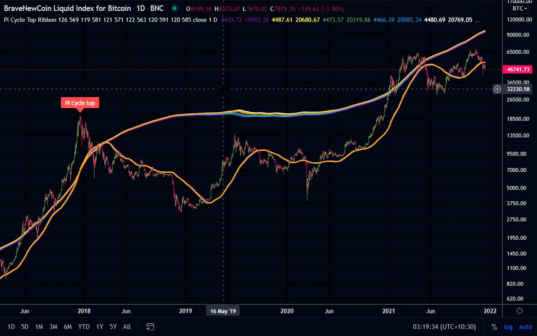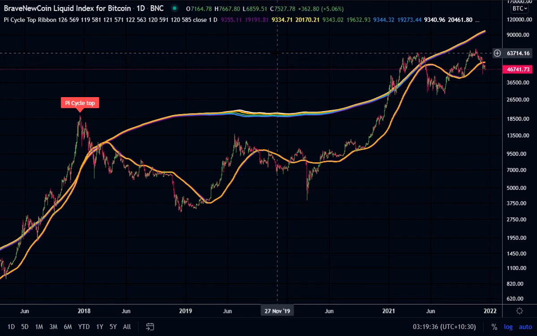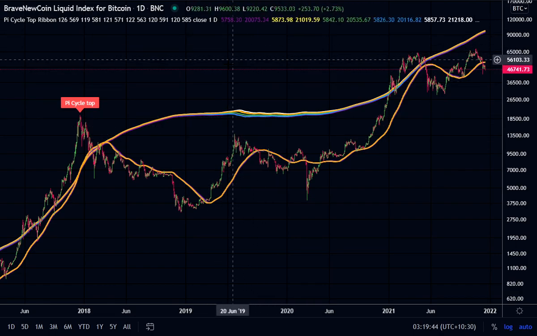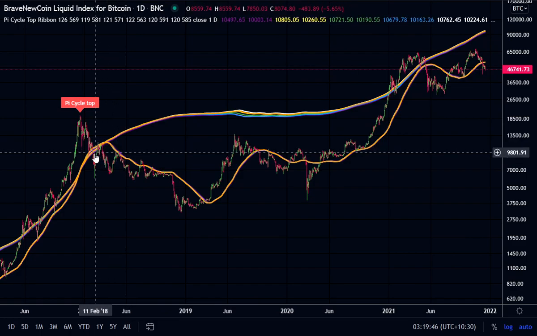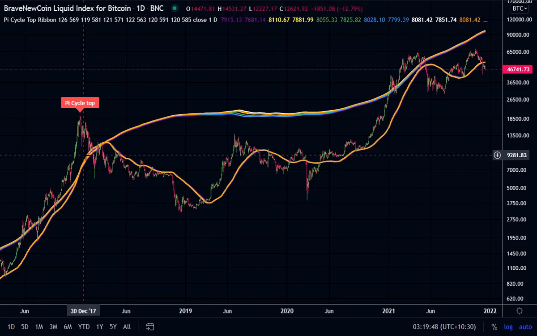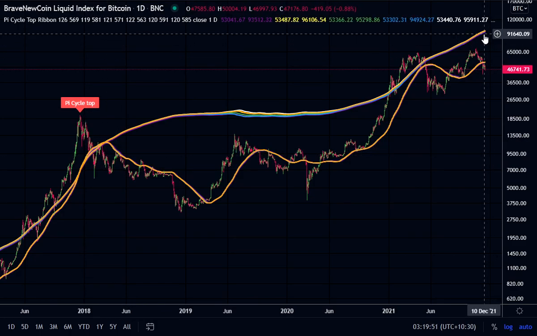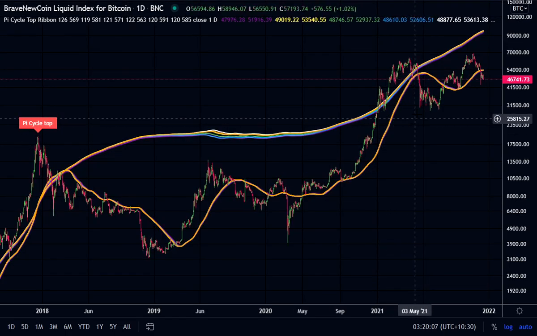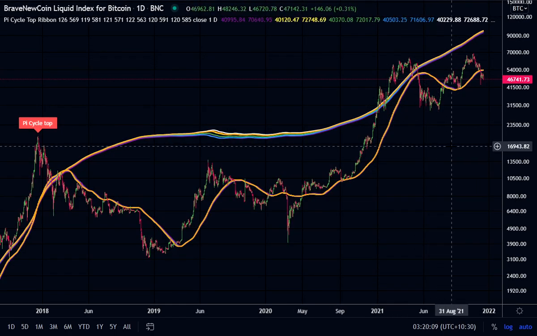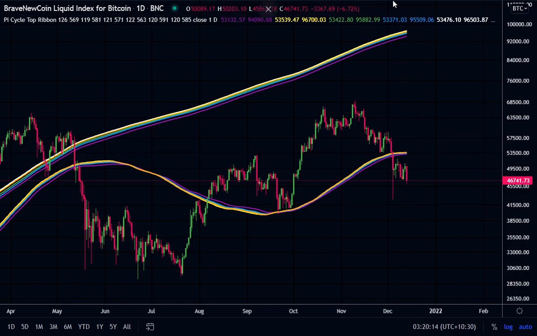And as mentioned in previous videos, I rely on a lot of indicators. I don't put a massive amount of weight on this indicator. I do see it more as an experiment to see what happens. But either way, we're going to do some projections on this to see what would be needed for these lines to cross, what sort of price levels we would need to get to around an approximate time.